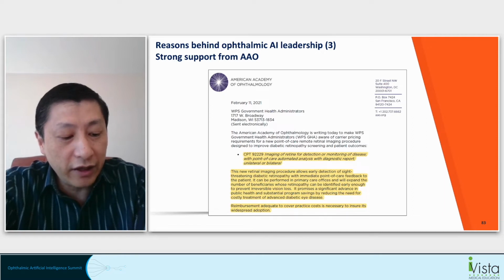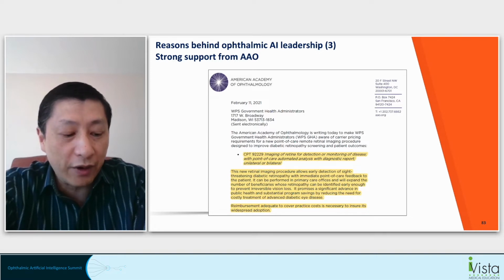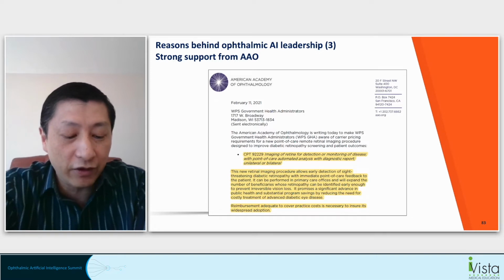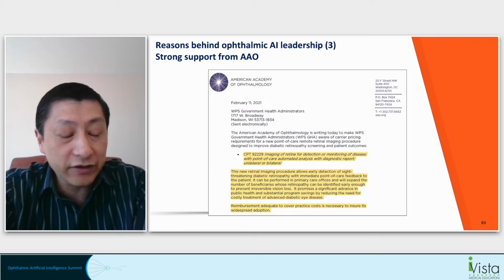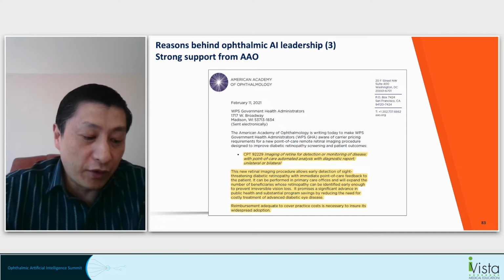And they went on to say it promised a significant advance in public health and substantial program savings by reducing the need for costly treatment of advanced DR disease. Right? So that was obviously very supportive.